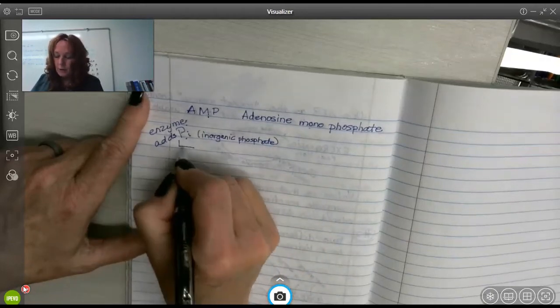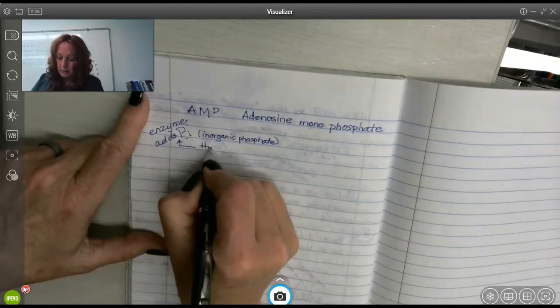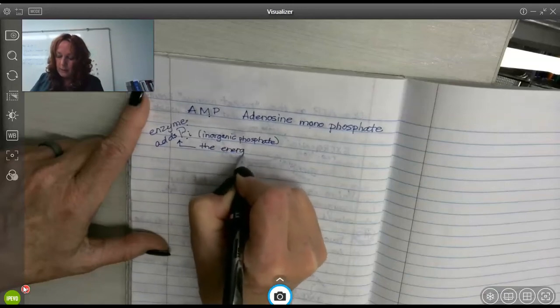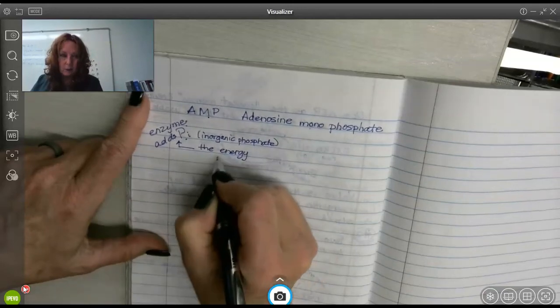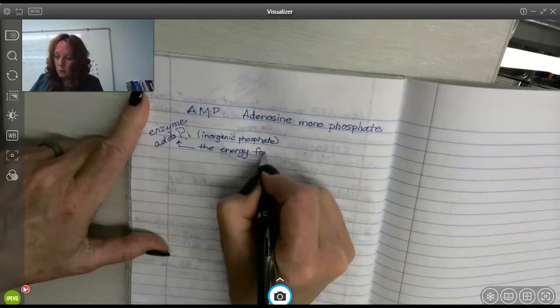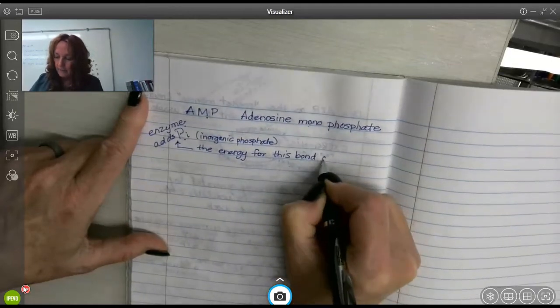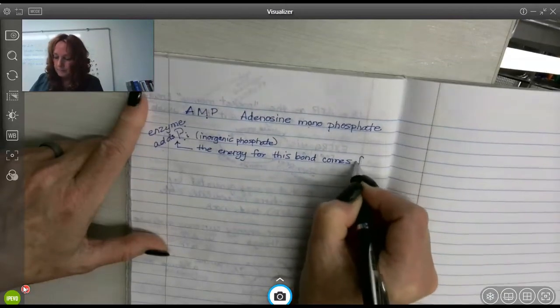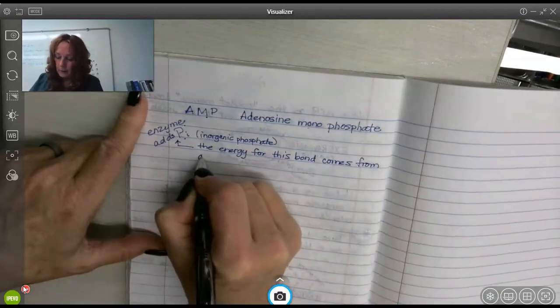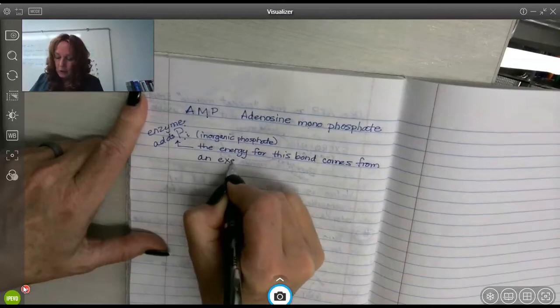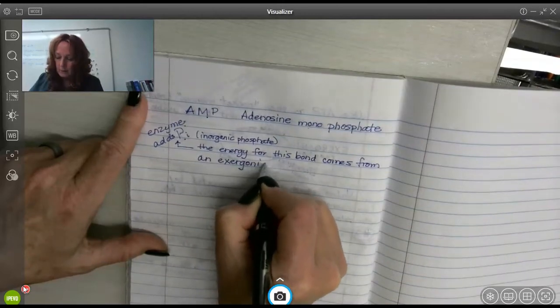So it's going to get its energy, because a bond is energy. So the energy for this bond that you're making will come from an exergonic reaction.